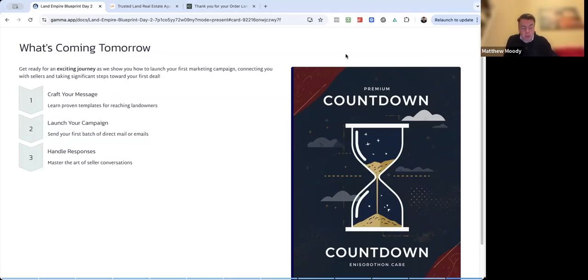And then we're also hopefully going to show you how you handle responses in real time because we're going to send a batch tomorrow around 150. And we should get some responses from that. We should see them coming back in straight away. But if not, we'll have messages in the system that we can respond to, and we can just show you how we manage that process and how easy it is, really.